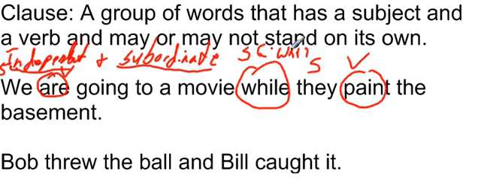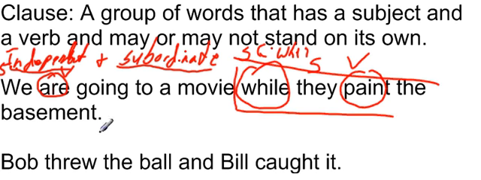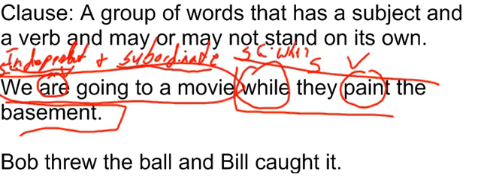So this tells you this clause right here is a subordinate clause because you can't write down on the paper, while they paint the basement. That's not a sentence. It doesn't stand on its own. Whereas you can write, we are going to a movie. That is called an independent clause because it will stand on its own.